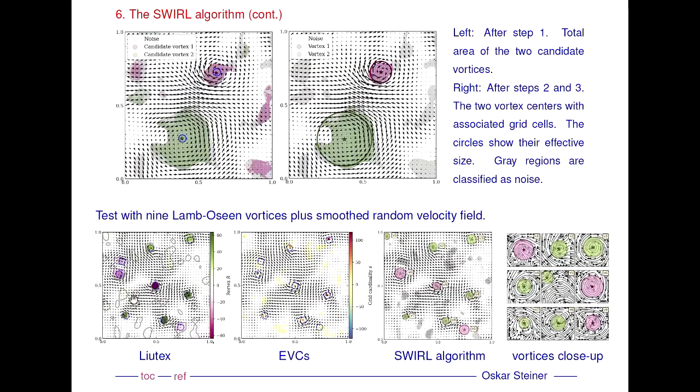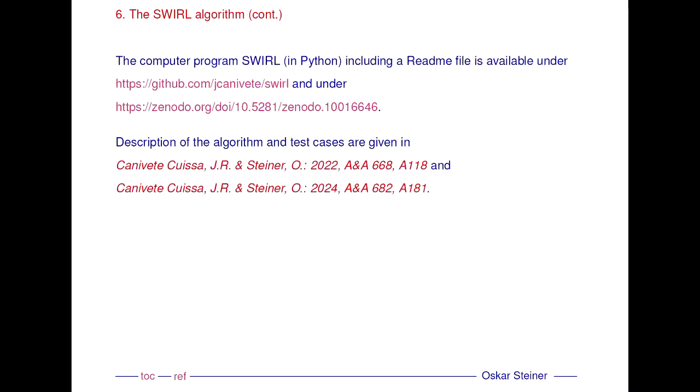Anyway, we have tested this also, in this case, with 9 Lamb-Oseen vortices that we put in plus noise, and I don't want to go into these details anymore because I'm running out of time.